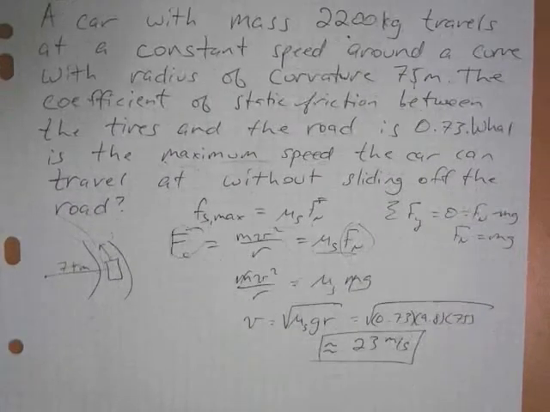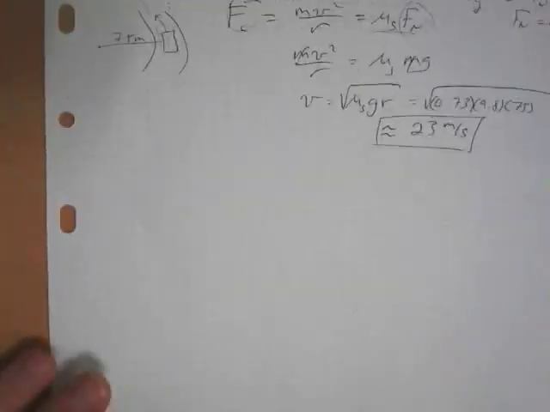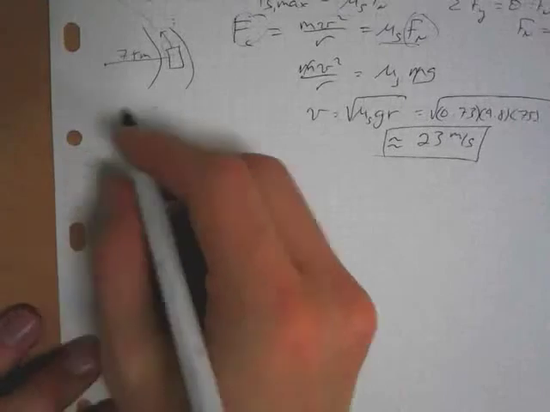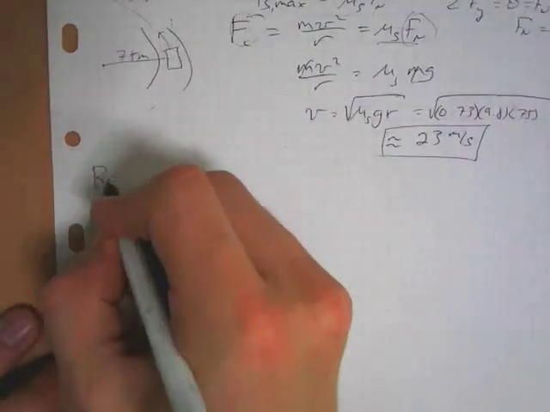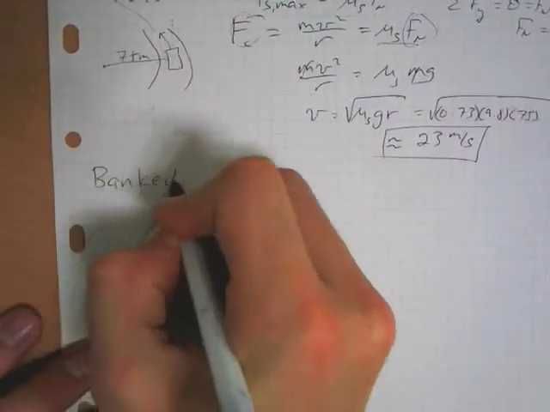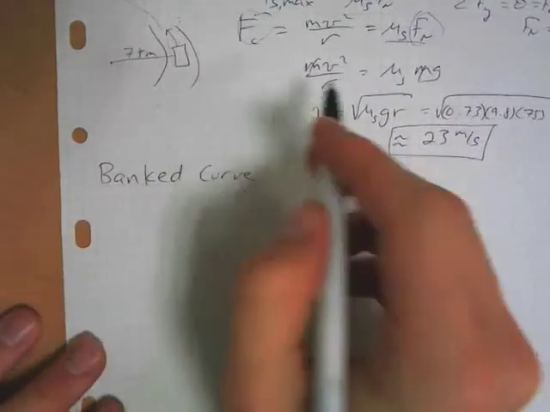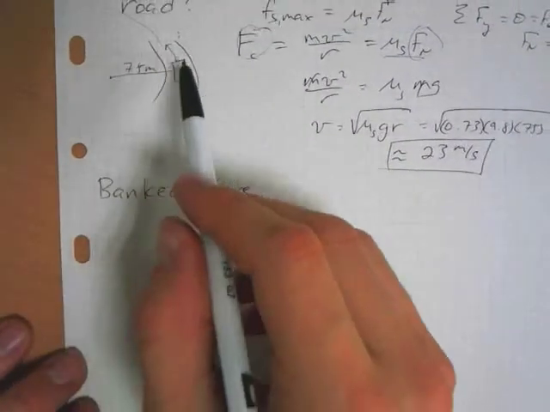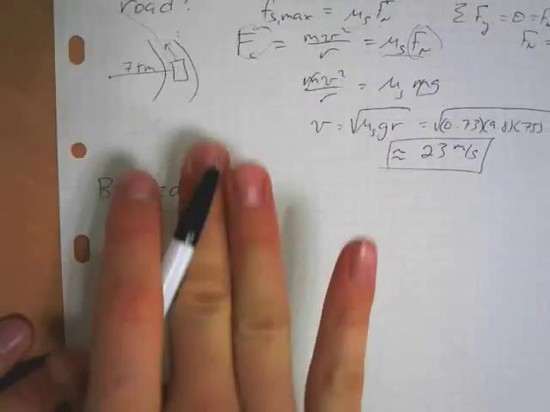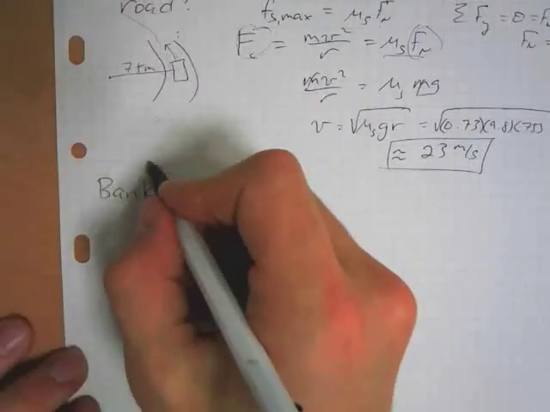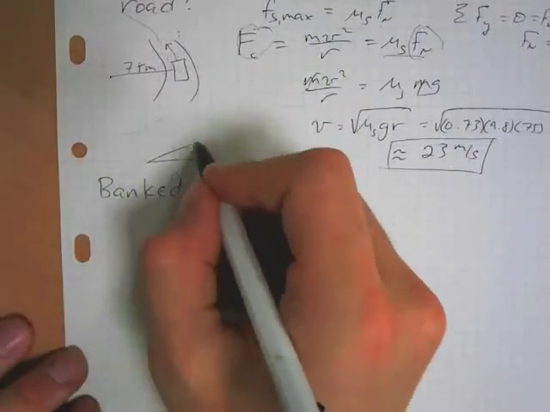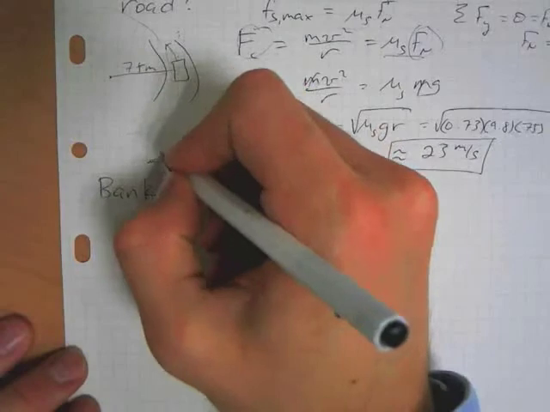Another fun example involving centripetal force is the same scenario, but now we have a banked curve. We've still got this car going around the curve, but now, looking from the back of the car, we're on an incline, and the tires are in contact with the road.